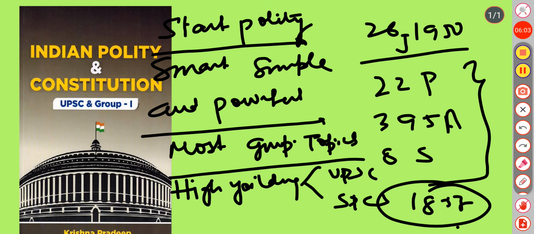The Governor General of Bengal was to be the Governor General of India, and all administrative and financial powers were handed over to the Governor General in Council, right.